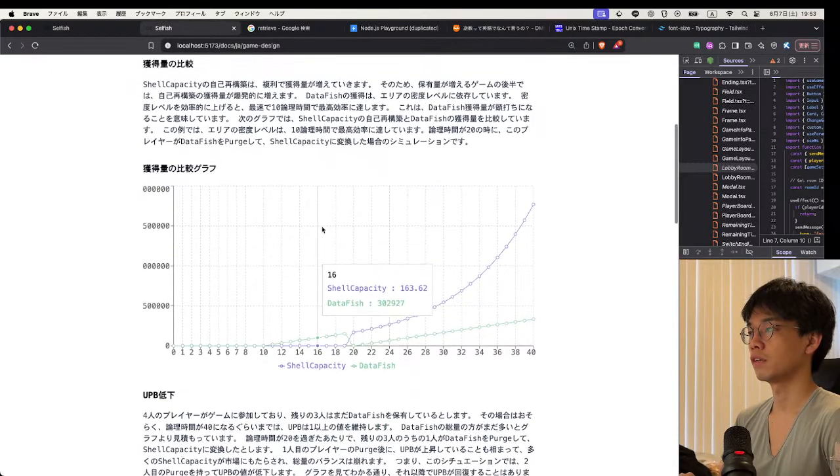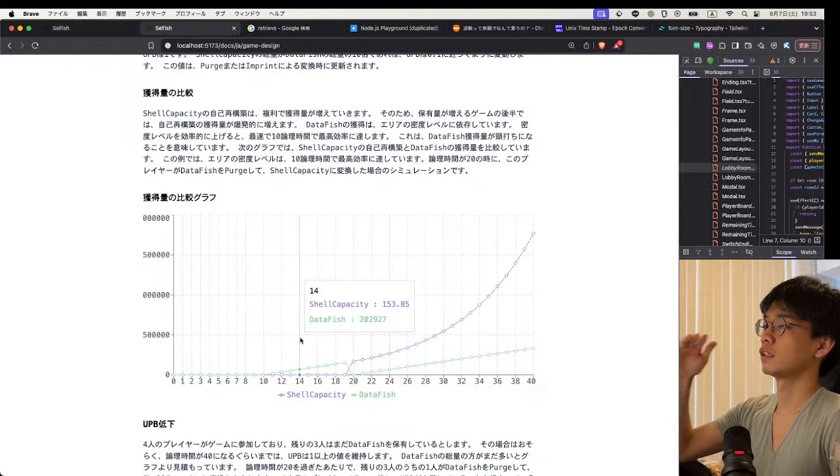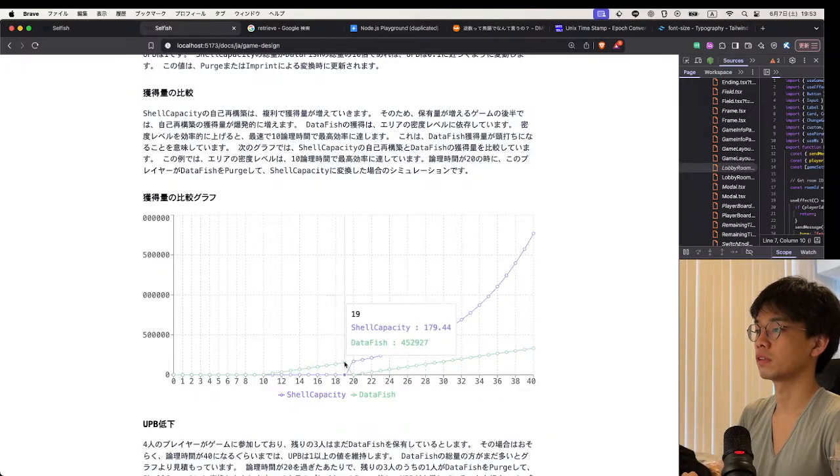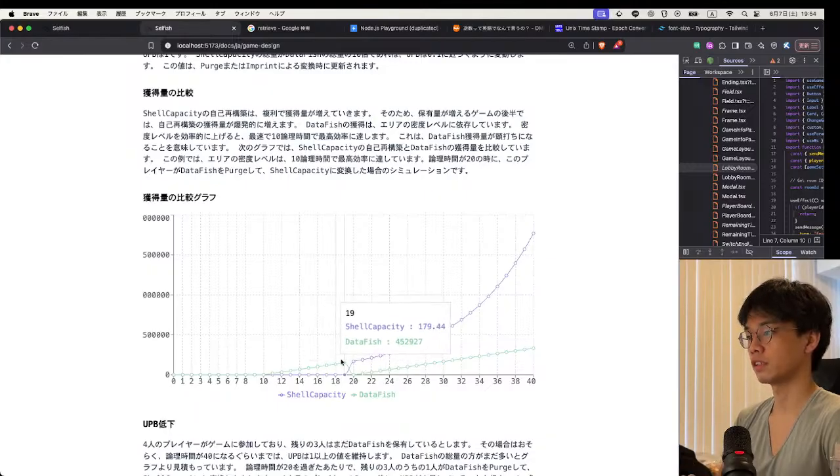But at the same time, this means the amount of data fish to acquire is not going to be more than this, so the increase amount is saturated like this.